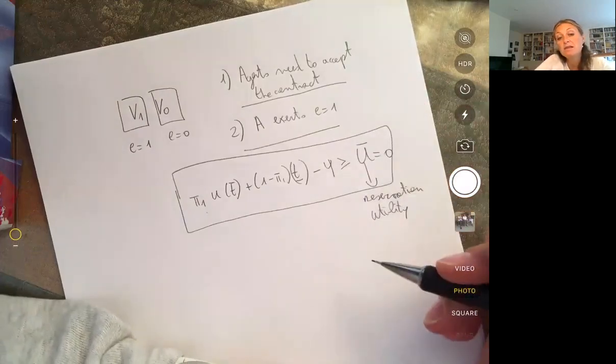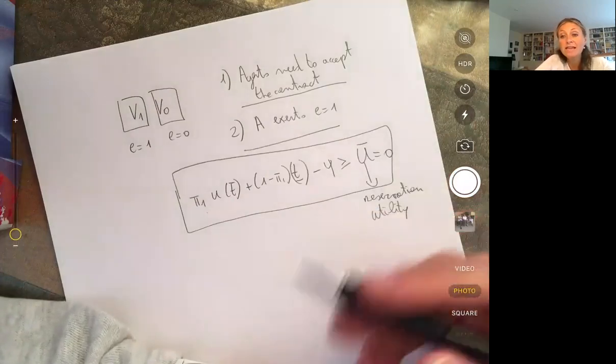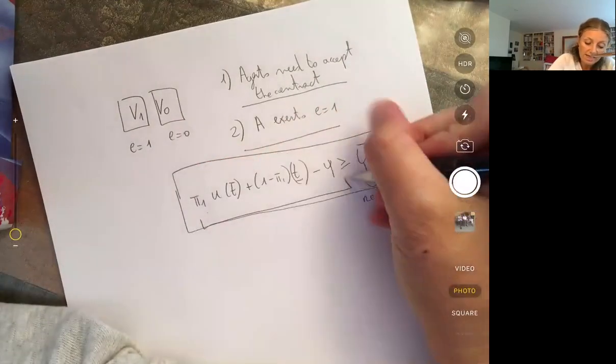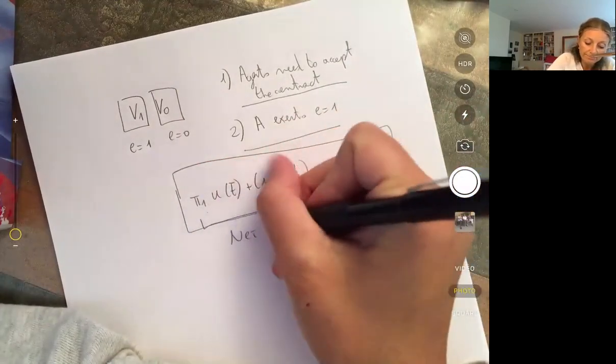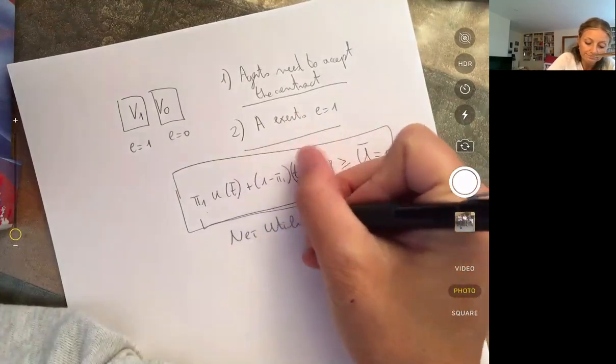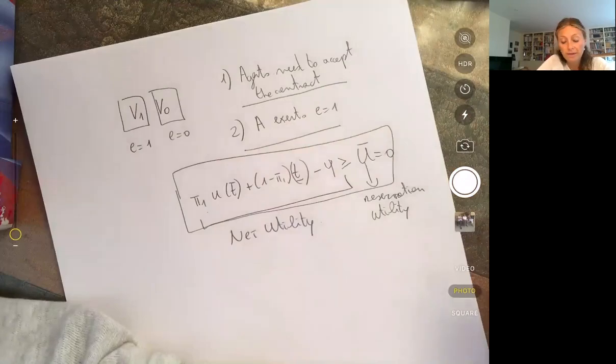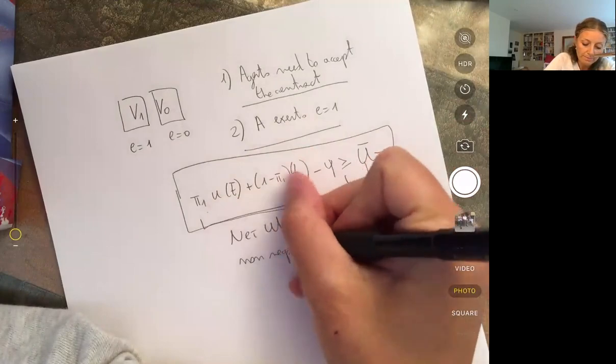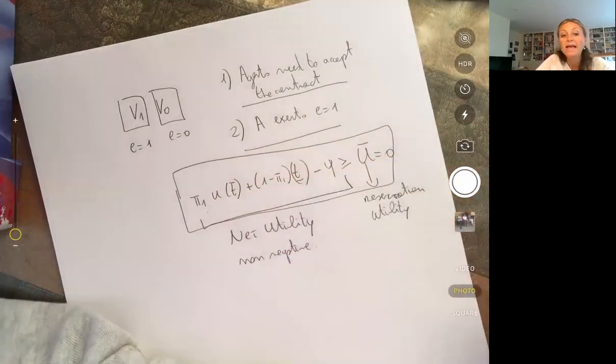Which means that whatever I get on average minus the cost of effort, so we can call this the net utility, should be non-negative. In this case, and in this case only, the agent will be willing to participate.